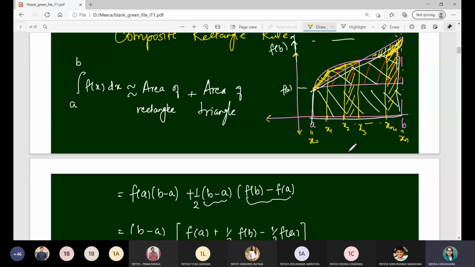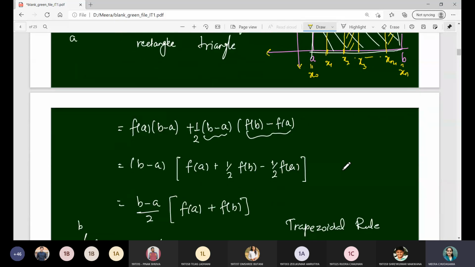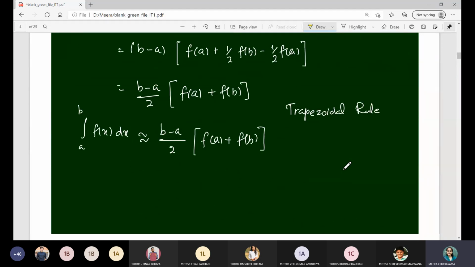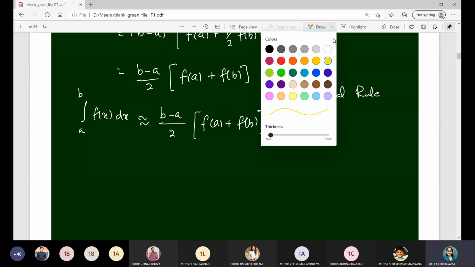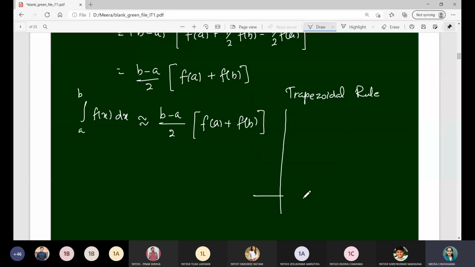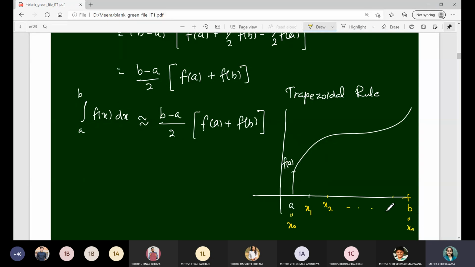This is the function here, this is f of a, this is a. We are going to consider the partitions. This is your x0, this is x1, x2, and the last is b, that is xn, and the second last point is xn minus 1.